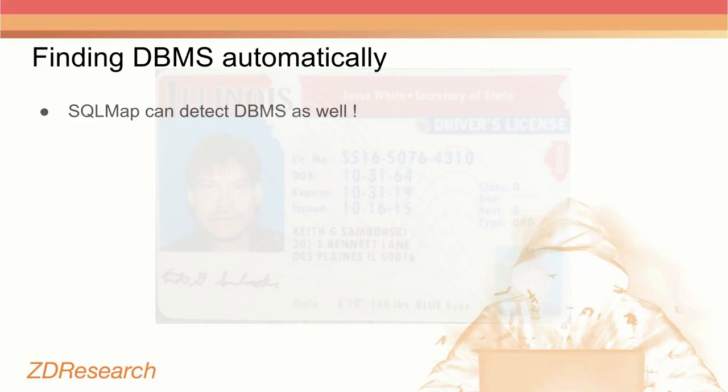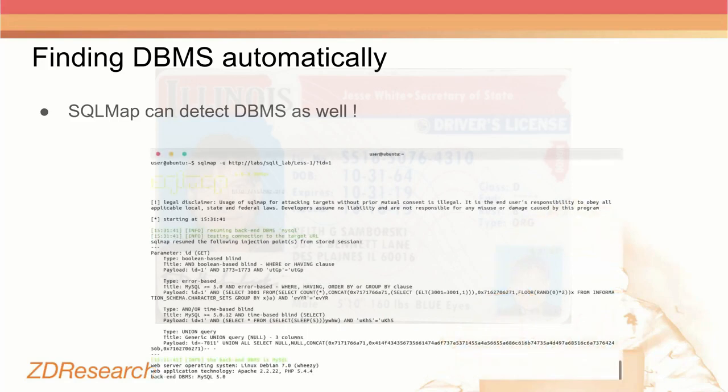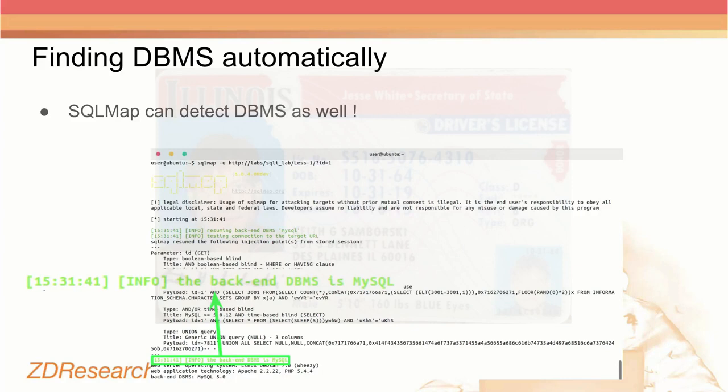So the fingerprinting by SQL Map is one of the core features. It can test for all different types of databases, and once it finds a candidate, it asks you whether you want to continue testing others or not. So as you can see in this photo, SQL Map is running on the vulnerable sample that we just saw.